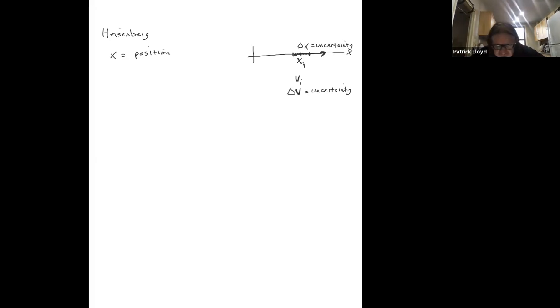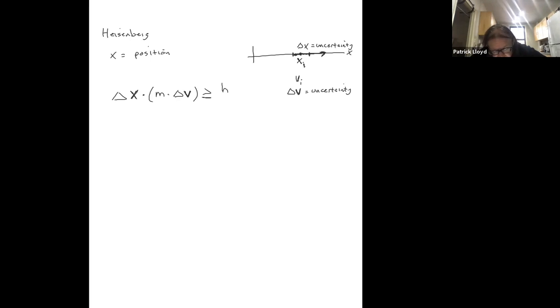So I'm going to put those two ideas together, this uncertainty, and we're going to write it this way. If you take the uncertainty in the position and you multiply it by, I'll put this in parentheses, mass times uncertainty in velocity, that product, multiplying all three of those together, has got to be, according to the Heisenberg uncertainty principle, greater than h over 4 pi.